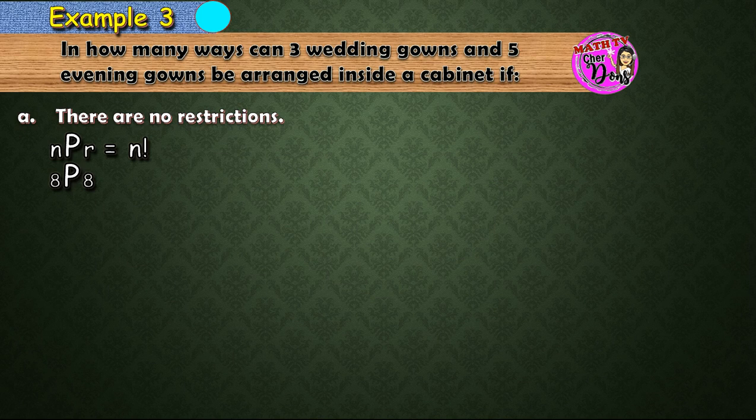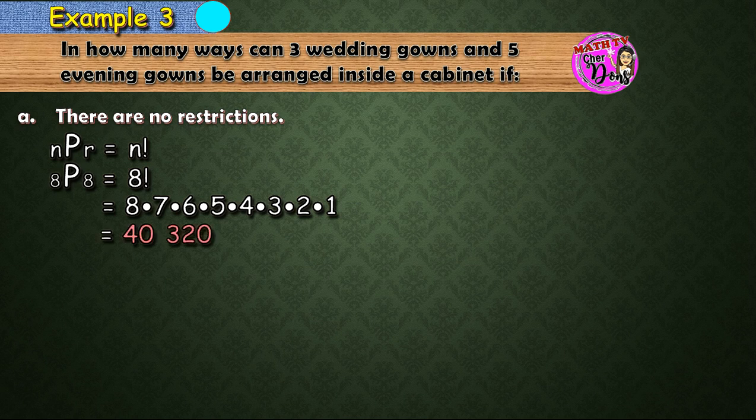Now, substituting the value, we have 8 factorial. Simplifying it, we have 8 times 7 times 6 times 5 times 4 times 3 times 2 times 1, which will give us 40,320. Therefore, there are 40,320 different ways we can arrange the gowns without restrictions.